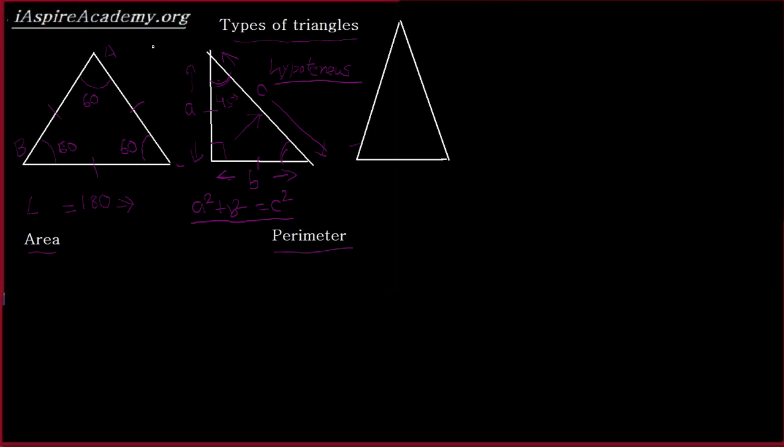Now let's talk about the third triangle. Let me write the names of these: this is called right angle, this is called equilateral, and the third one we have is isosceles.